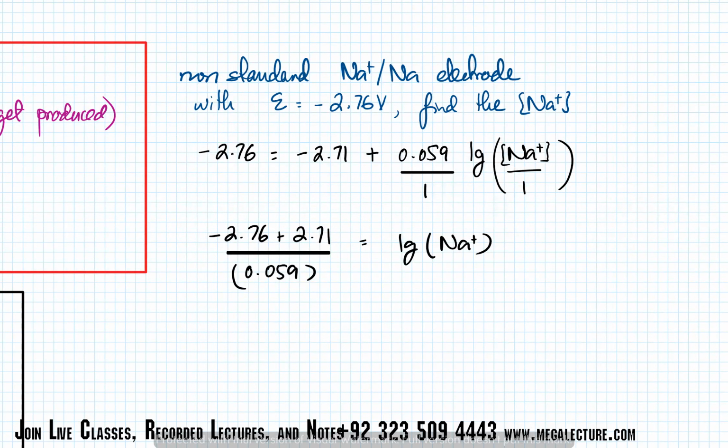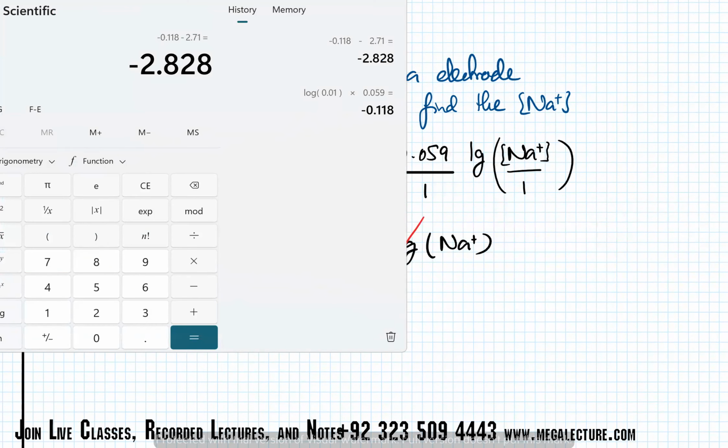और बाद में बस ये log cancel करना है, ठीक है? So you take the inverse log. तो inverse or anti-log is 10 power x. ठीक है?